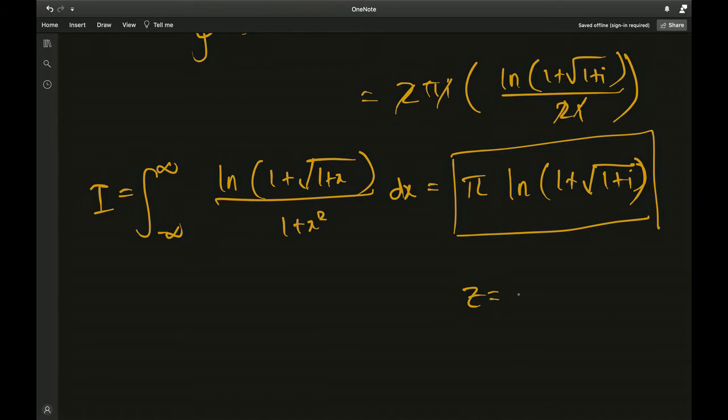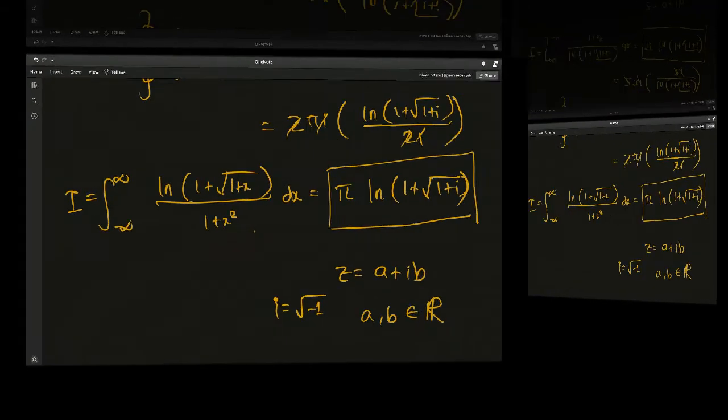Complex numbers are expressed in the form a plus ib, where a and b are both real numbers and i is square root of -1. So yeah, let's try our best to express this natural log guy in the form a plus ib.